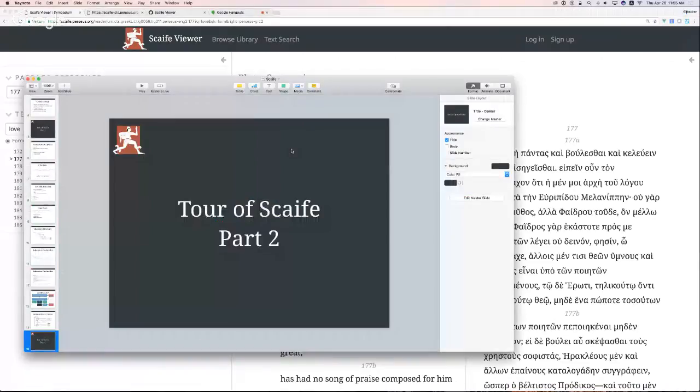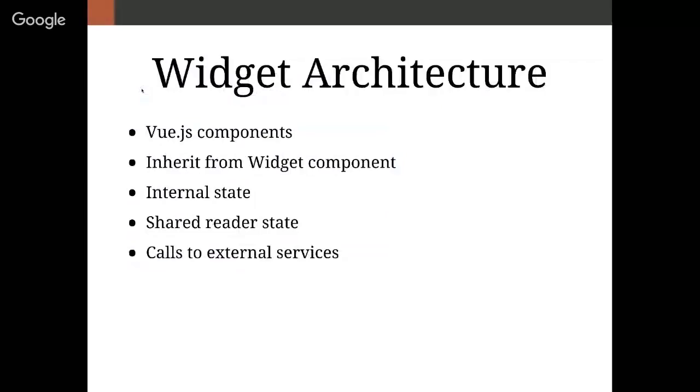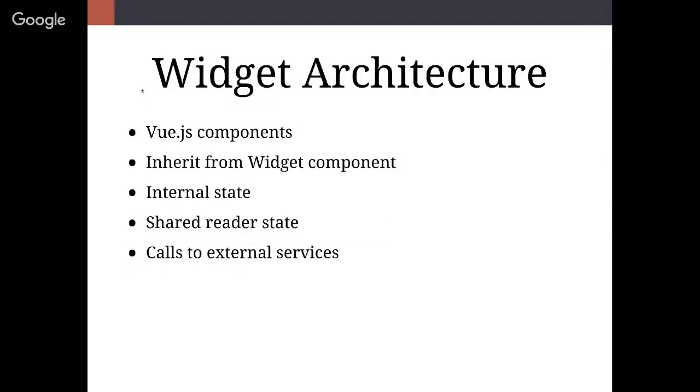Okay, back to the slides, and we'll finish things up a bit. So I'll say a little bit more about these widgets that we saw. They're Vue.js components inheriting from a common widget component, which gives a bunch of stuff for free. Widgets can have their own internal state, like whether they're open or closed, or what highlight's been selected and so on.